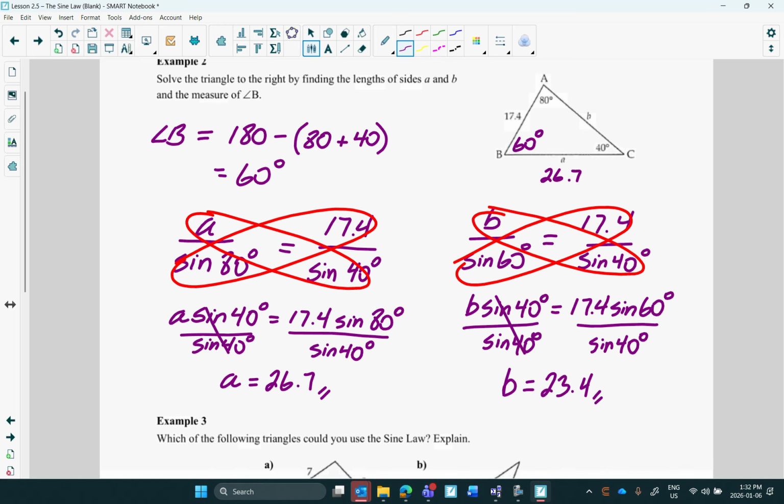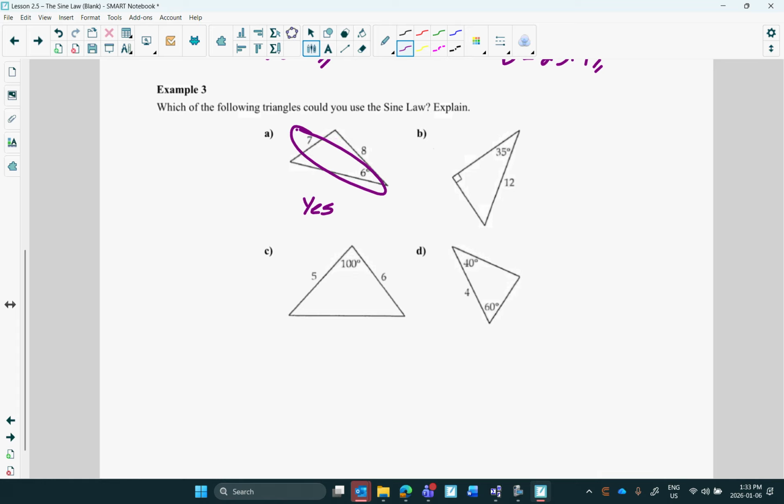No, because it's a right triangle, so we would use right triangle trick. Technically, sine law would work with right triangles, but let's stay away from it.